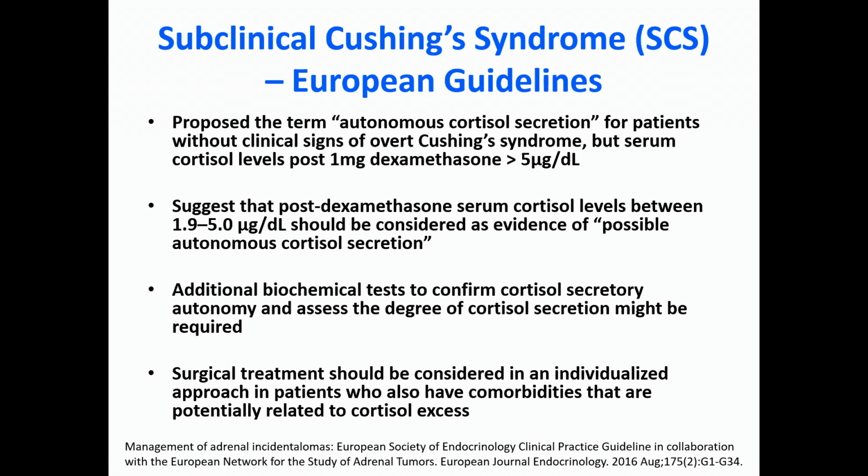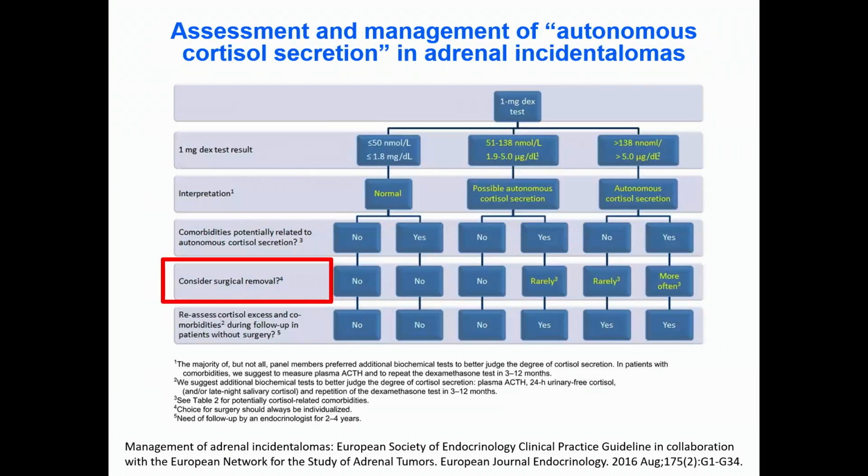And that is still being looked into and still being evaluated. Surgical treatment should be considered in an individualized approach in patients who have comorbidities which might be related to cortisol excess.